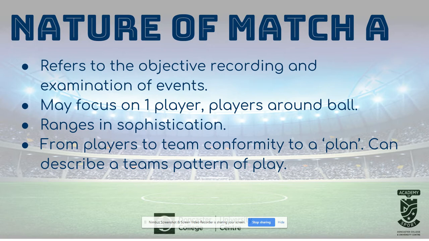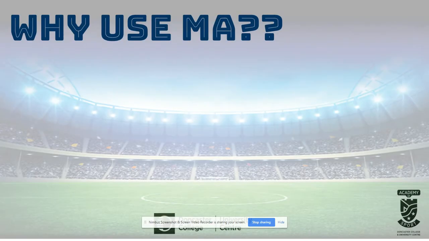So it might be however many passes we want to complete. That's what we can analyze. So we can go all the way through the spectrum from notational, which is obviously just using pens and paper, all the way up to sophisticated thousands of pounds worth of software and digital coding.